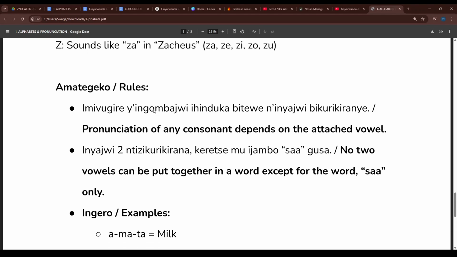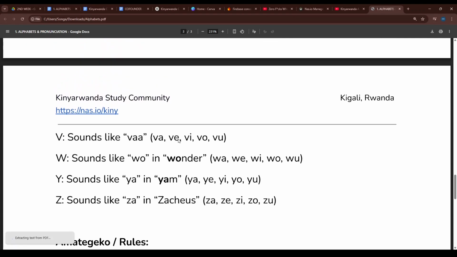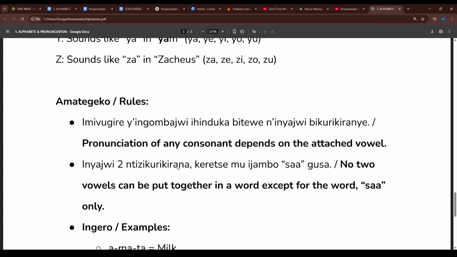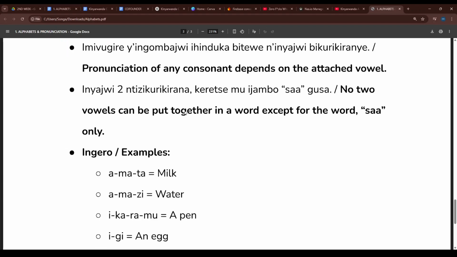Some rules you have to know: the way you pronounce the consonant changes depending on the vowel that follows it. We have seen the variations depending on the vowel. The second is that 2 vowels cannot follow each other except for the word sa. This word sa is used when you're going to say the time on the watch.